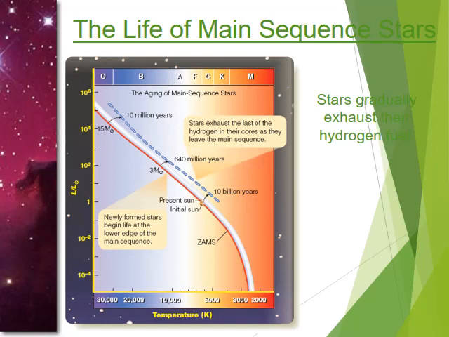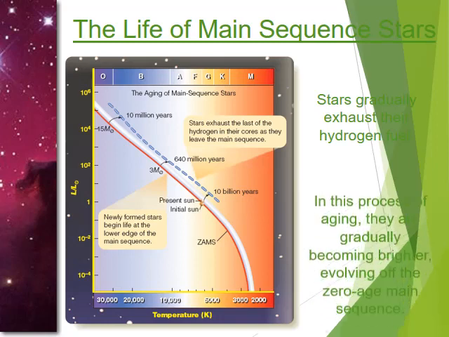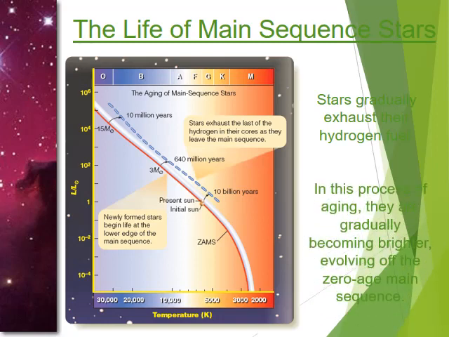And therefore, the high roller is going to blow through his stack of chips in a shorter time period than the conservative gambler. Same thing goes on with stars. As you've already seen at the end of chapter 13, the life expectancy for a sun-like star is much longer than the life expectancy for a star farther up and to the left on the main sequence.